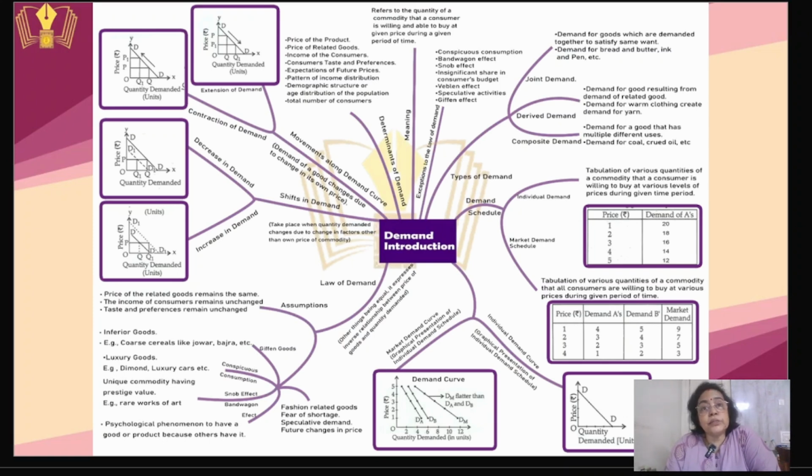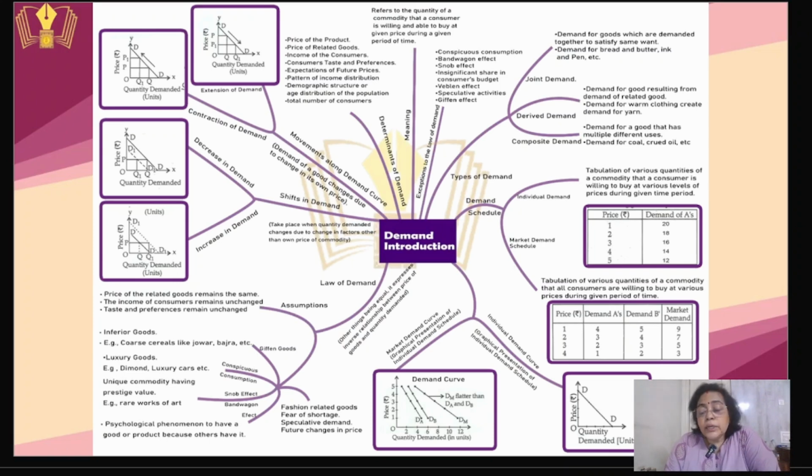So you have to keep that in mind. Here in the table, it is shown that price is increasing 1, 2, 3, 4, and demand of A is decreasing from 4 to 3, then 2, then 1. Then demand for B is also 5, then 4, then 3, then 2.